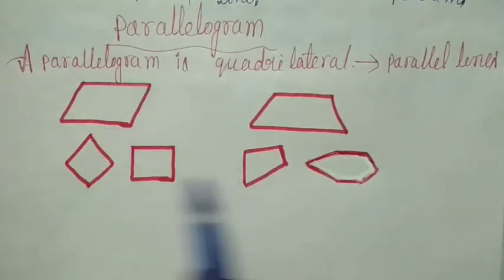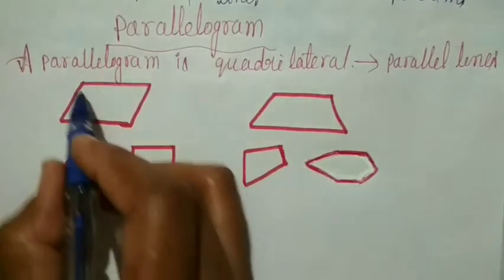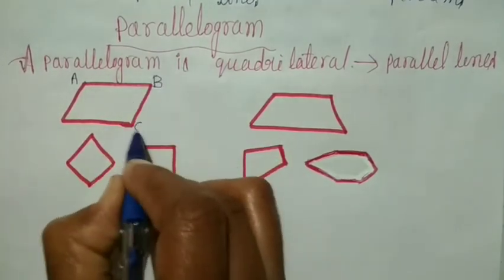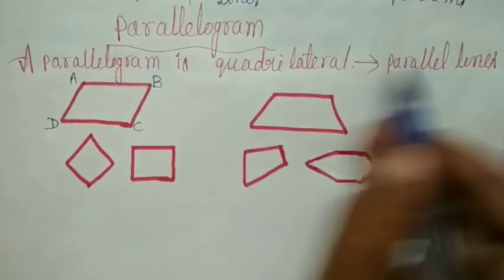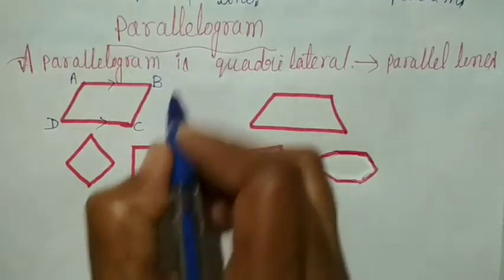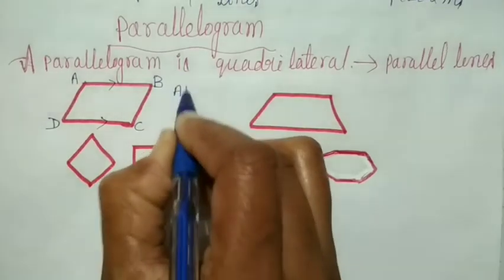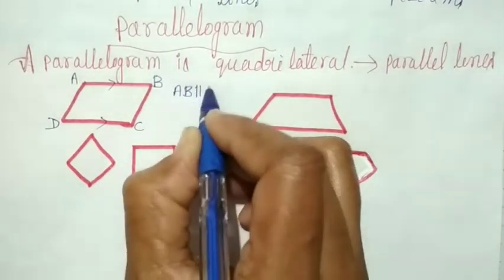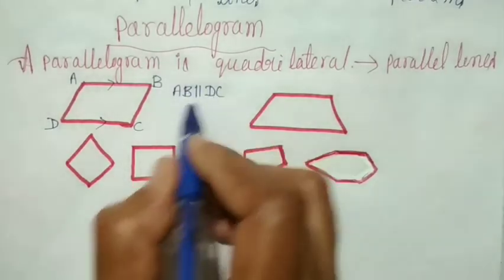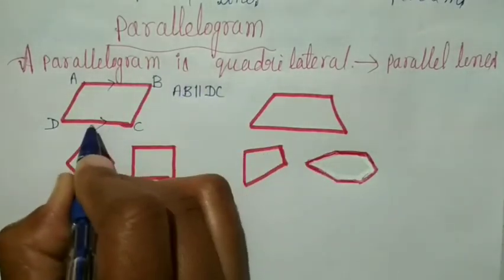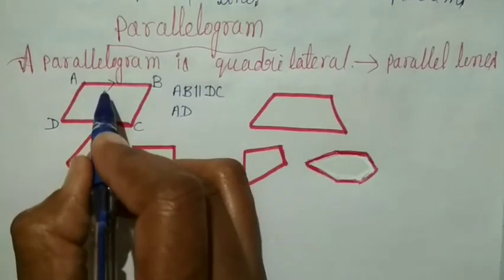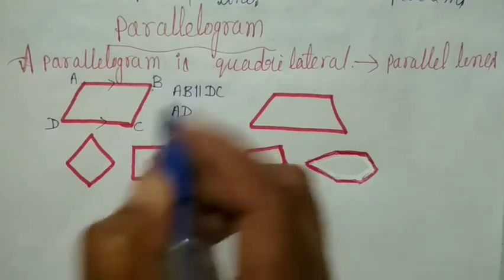Dear students, look at these figures. We consider A, B, C, D. Here are parallel lines. This one also. We take AB parallel to DC. Once again, AB parallel to DC and AD parallel to BC.